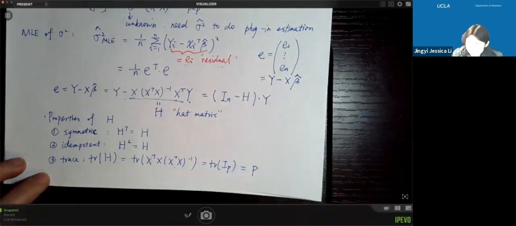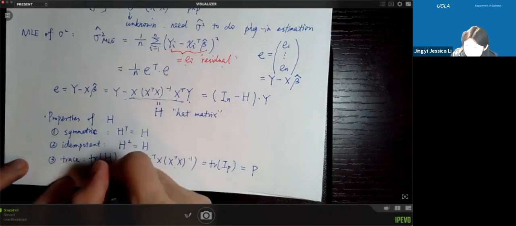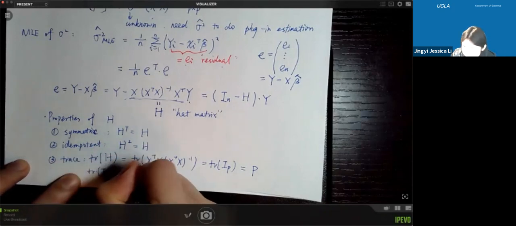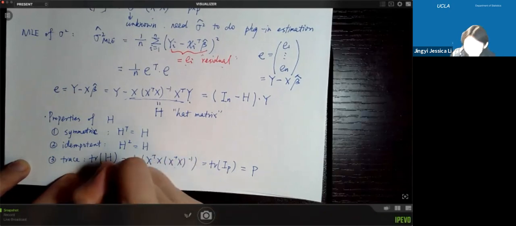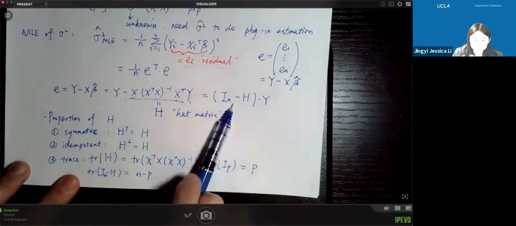And so then clearly the trace of I minus H is n minus p, where I is I_n.